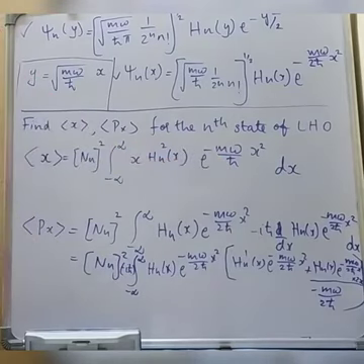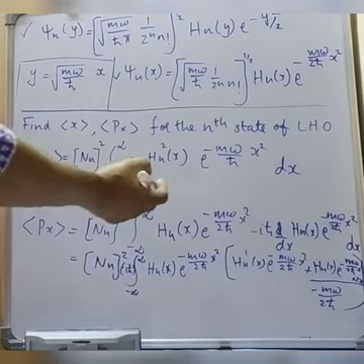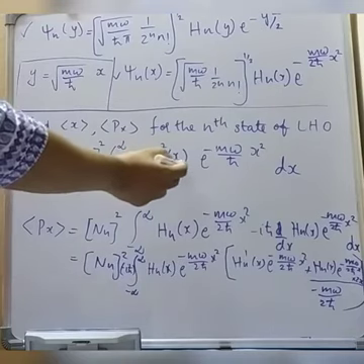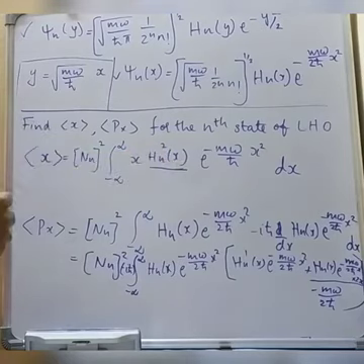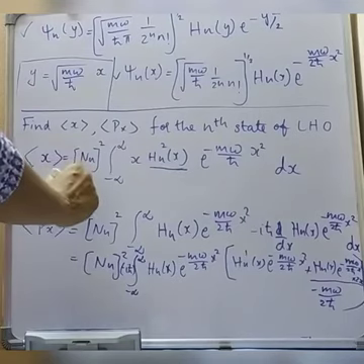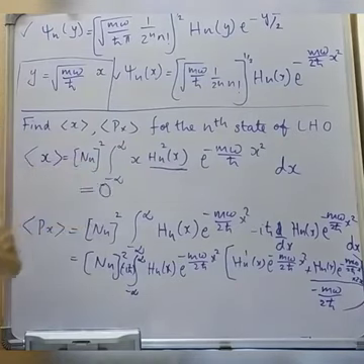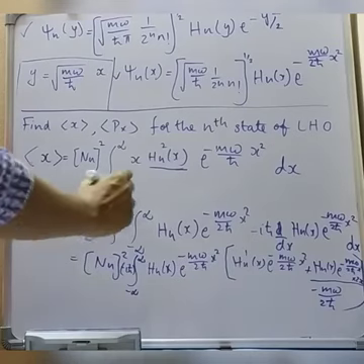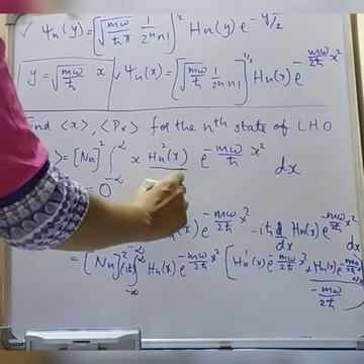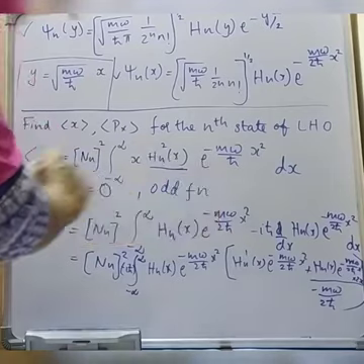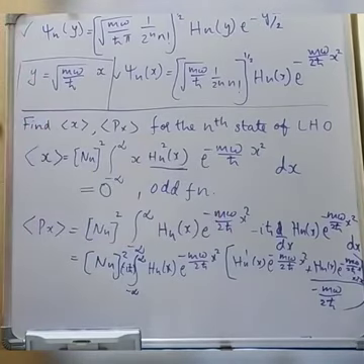Using the property of Hermite polynomial, we can write this integral as 0 because it is an odd function. So expectation value of x is 0.